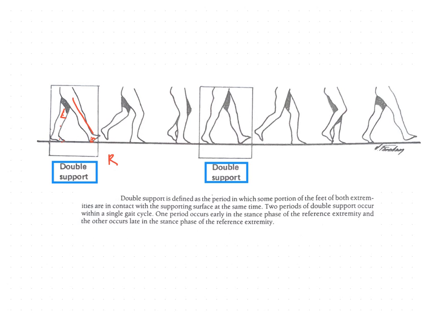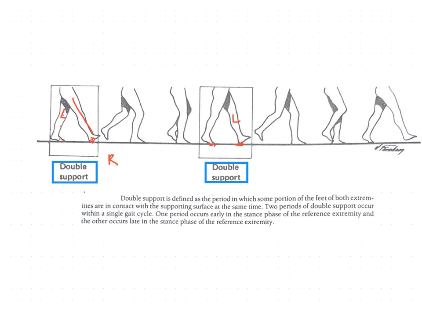Here this is the initial contact for the first double support. In the second period, the right leg is going to start the swing phase, and for the left leg it is the initial contact.